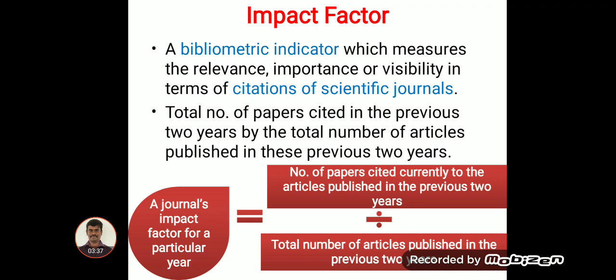It is calculated as follows: the number of citations received currently to the articles published in the previous 2 years, divided by the total number of articles published in those previous 2 years. So that is how the impact factor is calculated. Later on in the other slides, I'll briefly explain with an example how this impact factor is calculated.